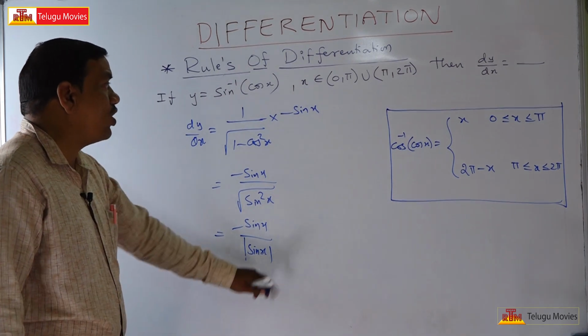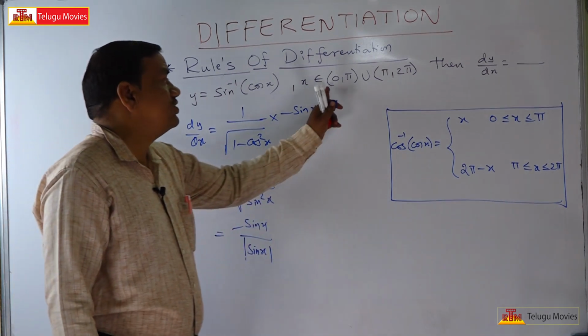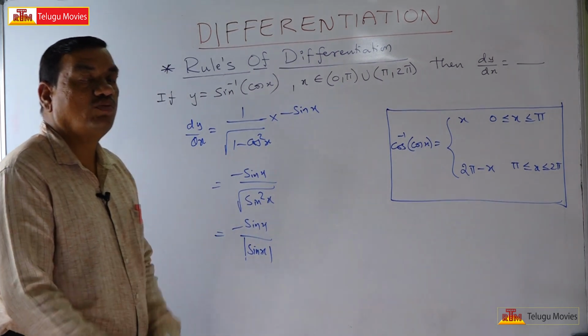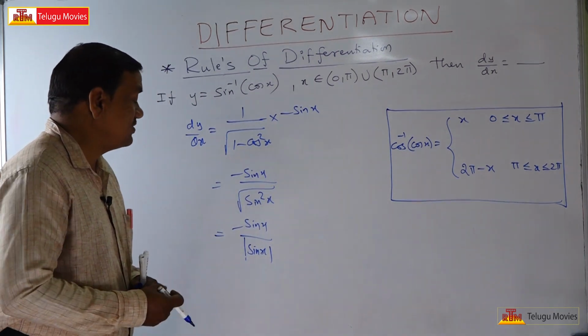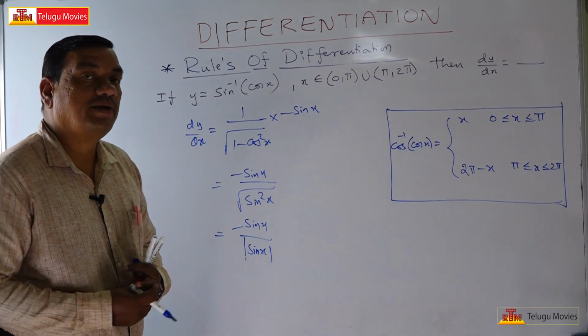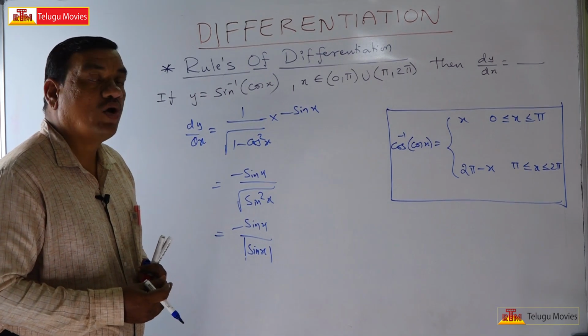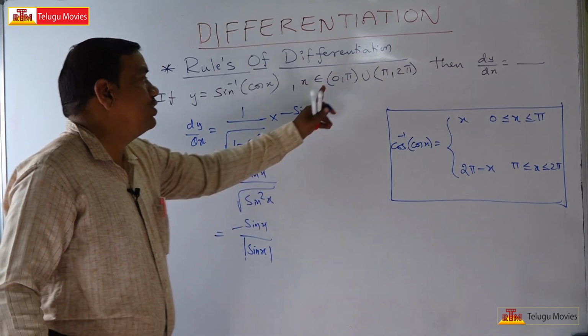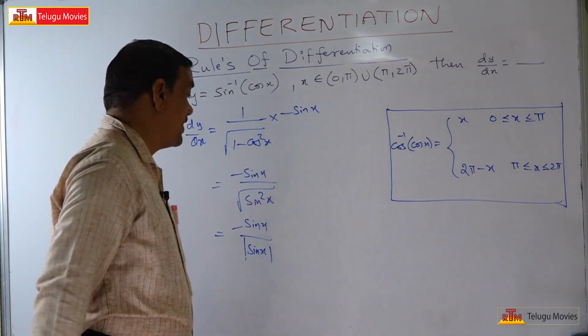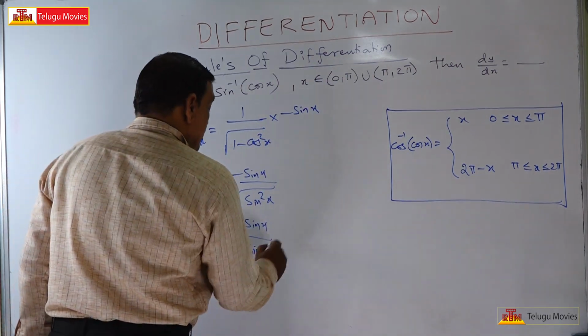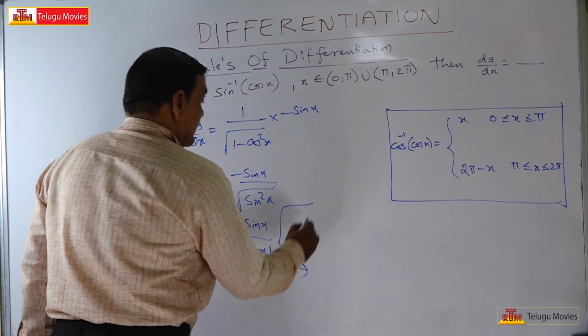So what will be modulus of sin x in 0 to pi? What will be the value of sin x there? 0 to pi means first and second quadrant. So here it will go in two directions.